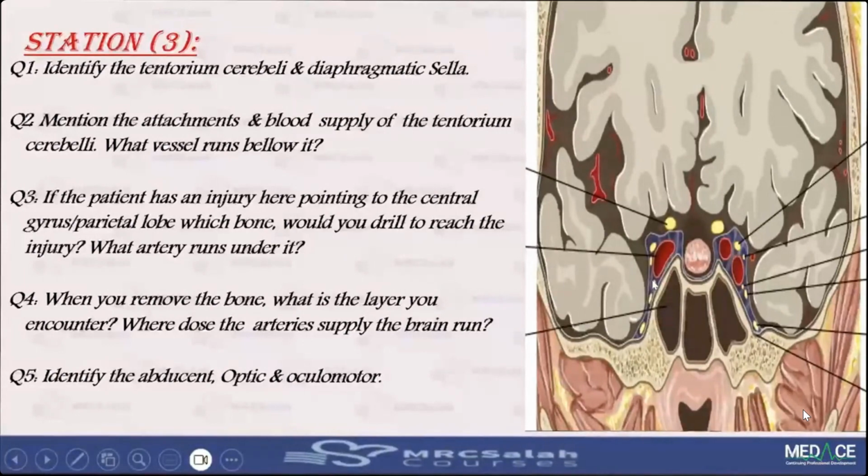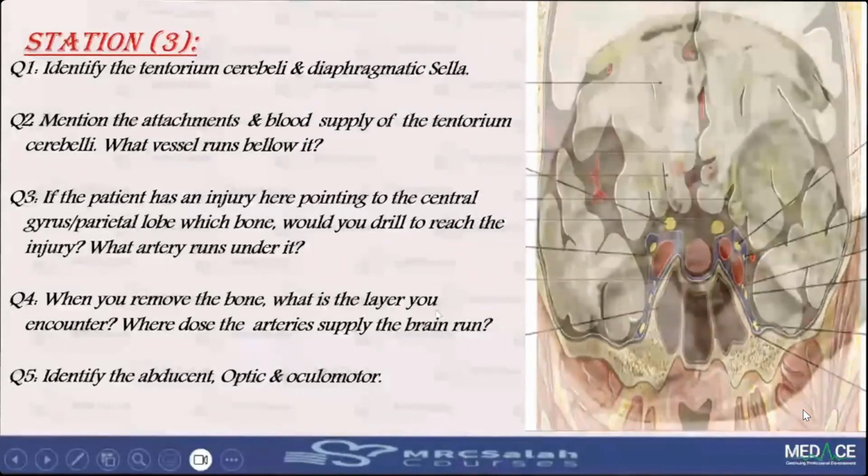Yes. The optic will be on top of the vessel, outside the cavernous sinus. Exactly. And then the lateral wall of the cavernous sinus, the top one would be the oculomotor. So it would be this one. Yes. Good. Brilliant.